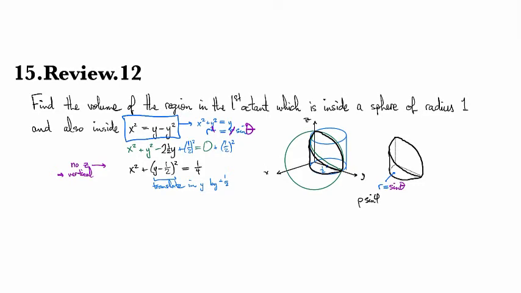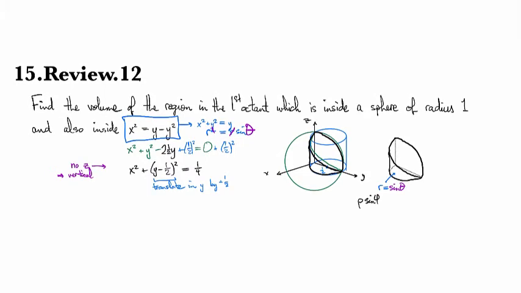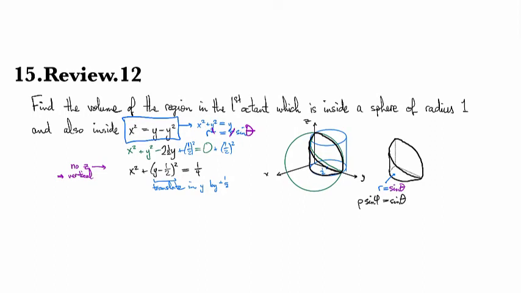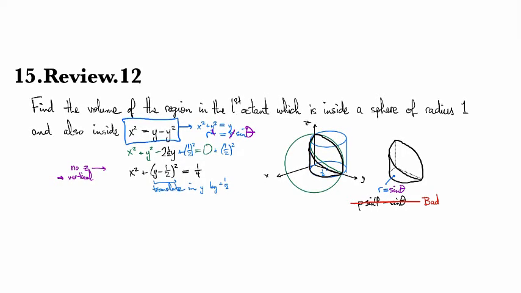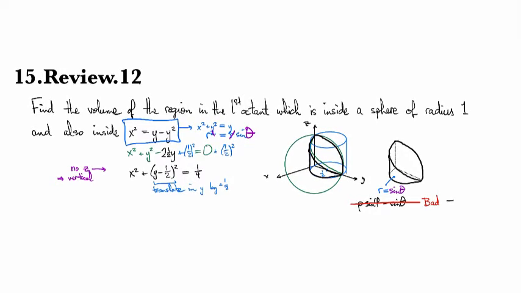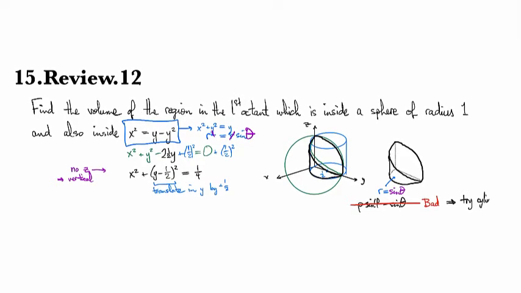Okay, sorry about that. So then at this point I'm going to get rho sine phi equals sine theta. And this strikes me as being very bad. I don't want to mess with that. That's going to be a nightmare to try and integrate or set up, I think. I haven't worked through it, but my guess is bad. So that tells me let's try cylindrical first.